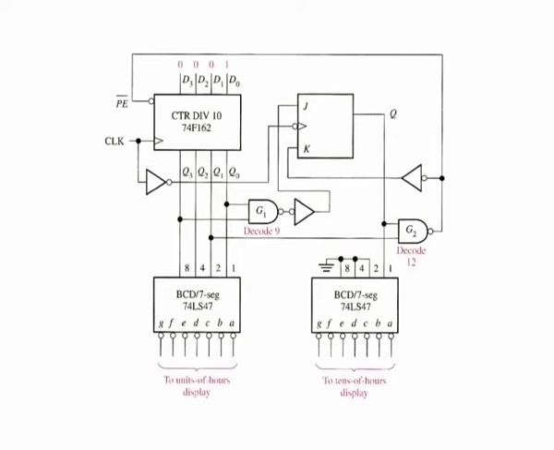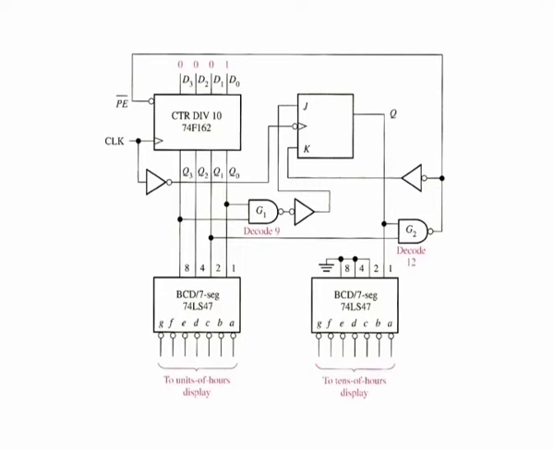The hours counter is implemented with a decade counter and a flip-flop, as shown in this figure. Consider that initially both the decade counter and the flip-flop are reset and the decode 12 gate and decode 9 gate outputs are high.